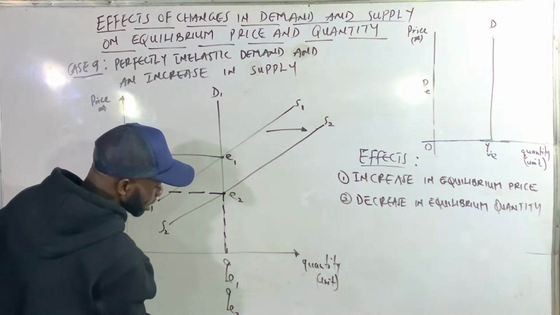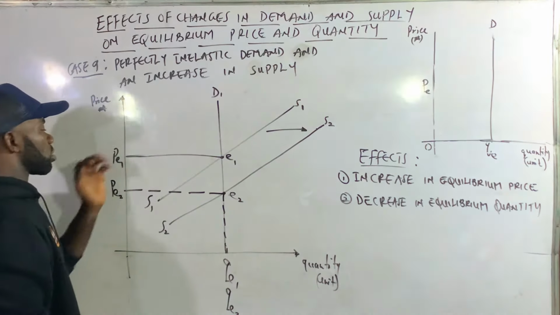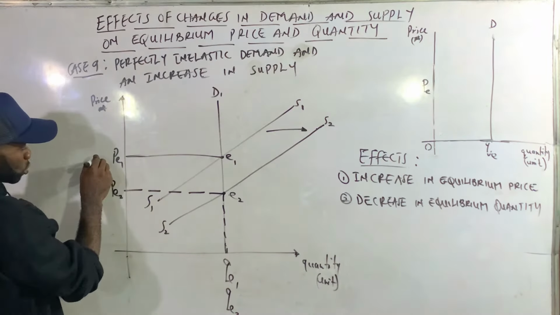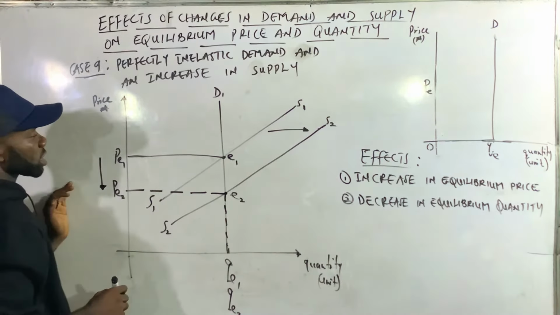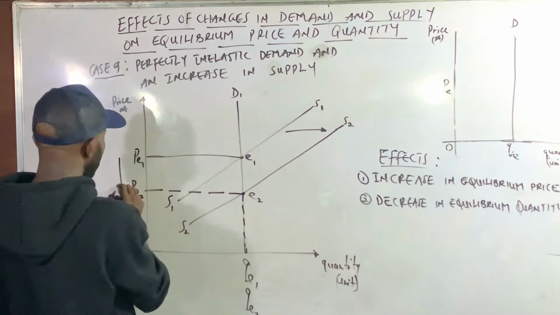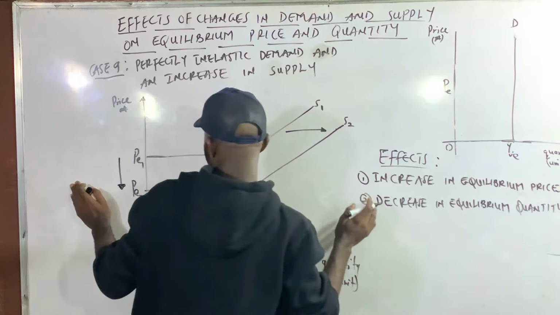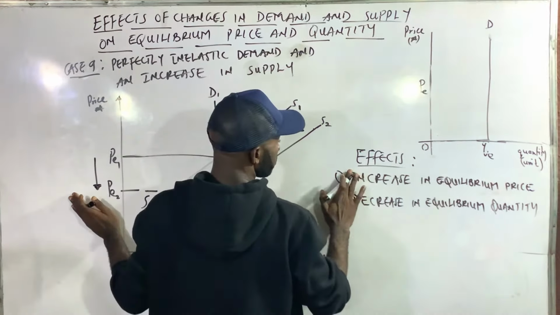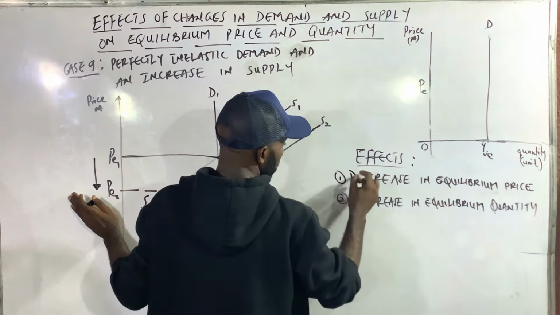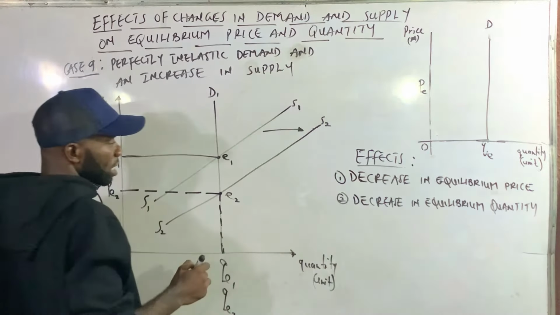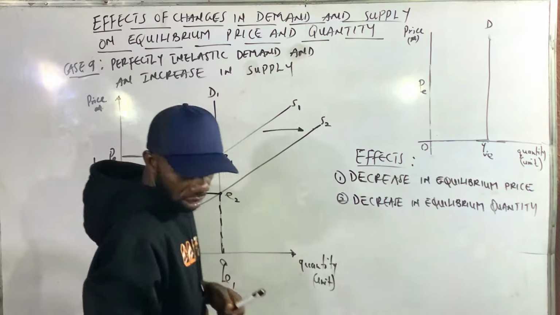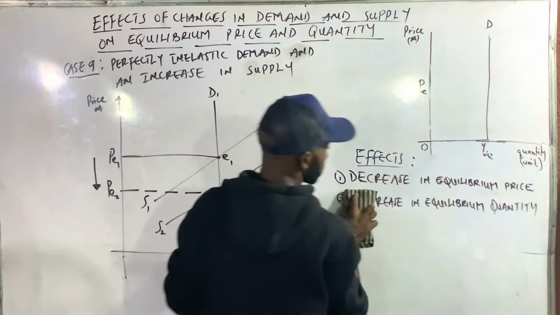That means equilibrium quantity in this case will remain constant, while equilibrium price will do what? Fall. So this will be interpreted in our effect as a decrease in equilibrium price and a constant equilibrium quantity.